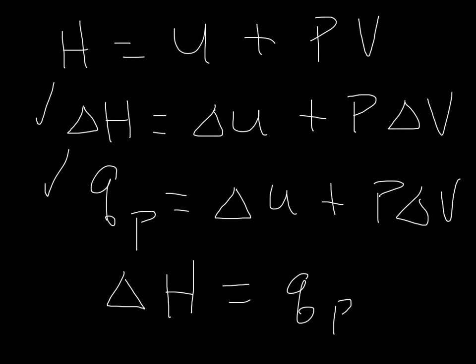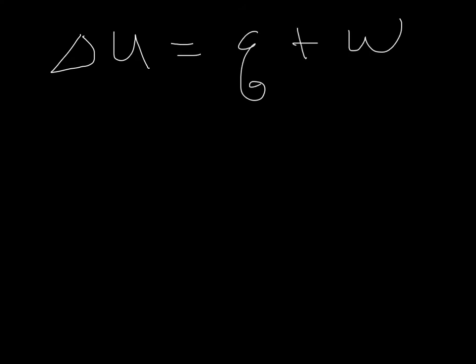So, why is this important? Why is this significant? And why use enthalpy at all? Well, one of the reasons is this. If we look at our original equation, which says that delta U is equal to Q plus W, we find that delta U is a state function.